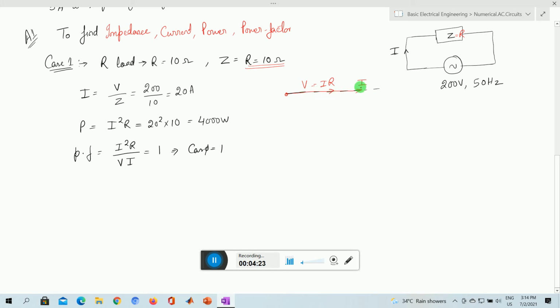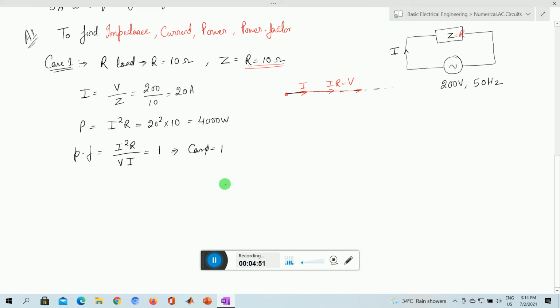Do not take this as the magnitude, the magnitude of the current is obviously less. So this is the reference direction, the current, and when we multiply it by the resistance we get the voltage vector. So case 1, only R load, is very easily solved.